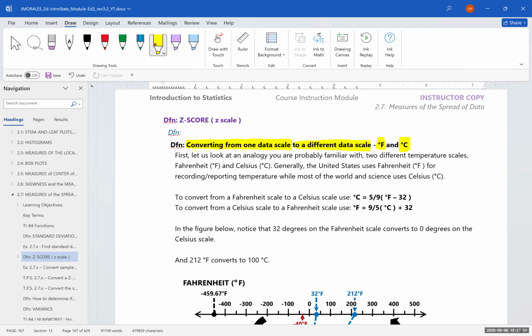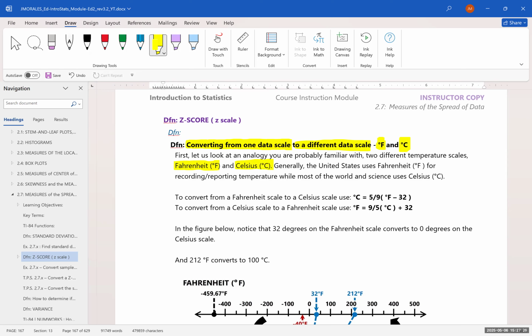So two different temperature scales describe the same amount of heat. I'm going to use that first as a formal example, and then I'll give another one that will be a little simpler, which may help too. So first, let's look at the analogy between Fahrenheit and Celsius.